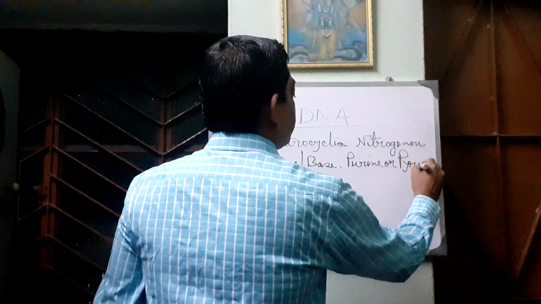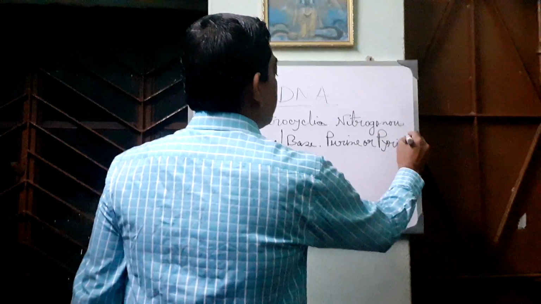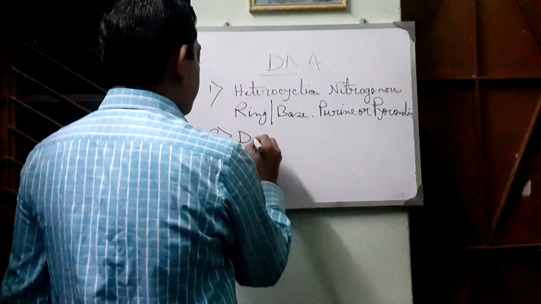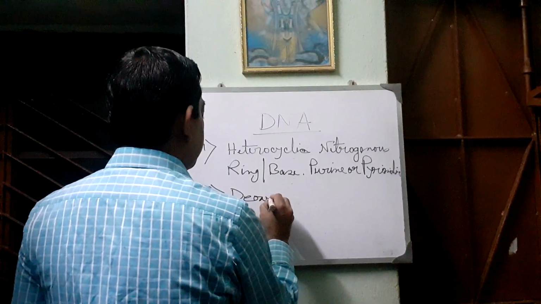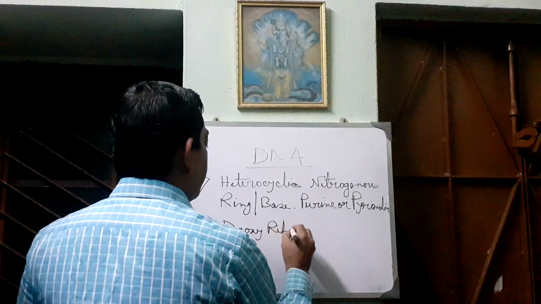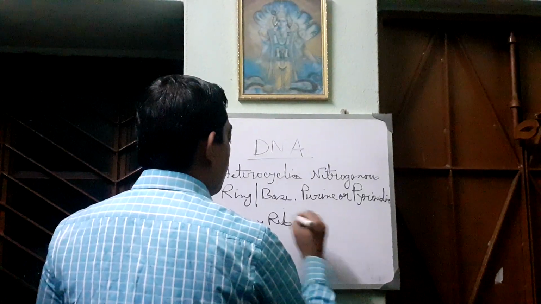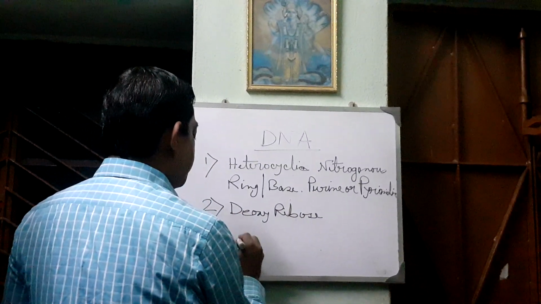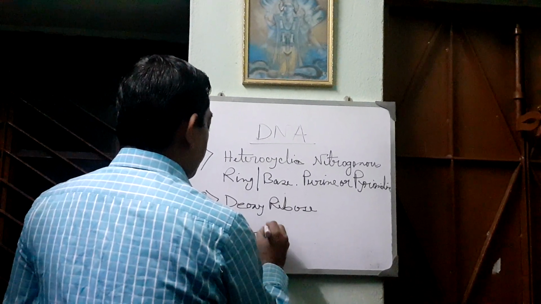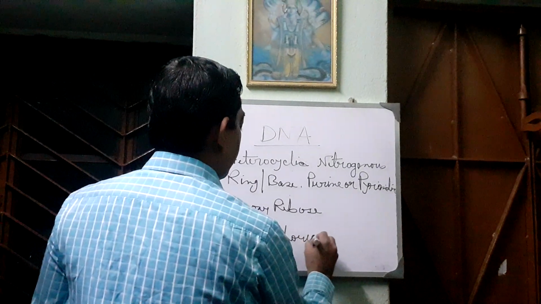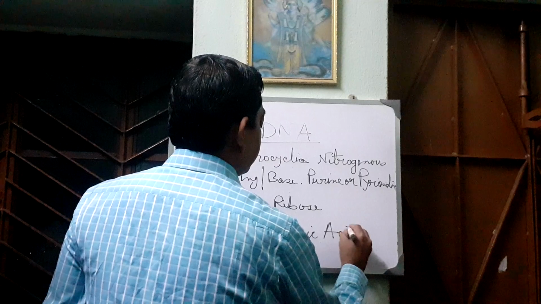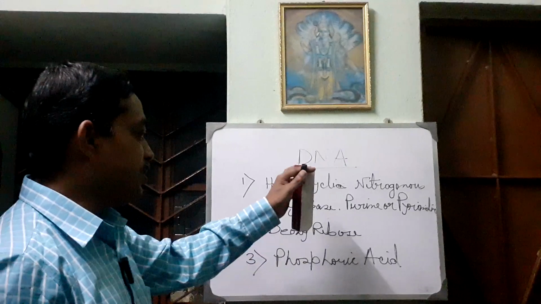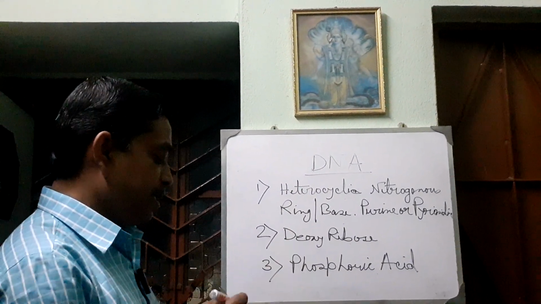Two types of nitrogenous base are present in DNA. Second is deoxyribose, a 5-carbon sugar, also called pentose. And third is phosphoric acid. Now I will gradually discuss the structure of these three components so that you can understand it better.